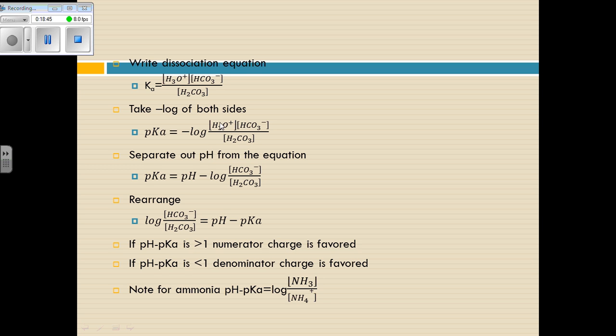And so what we do is we take out the pH, and if you remember, when you take the log of two things that are multiplied by each other, you add their logs. So what we get when we pull out the pH is the pKa, that part stayed the same, equals the pH, negative log of the hydronium, minus the log of the fraction. That's the part that people usually get stuck on.